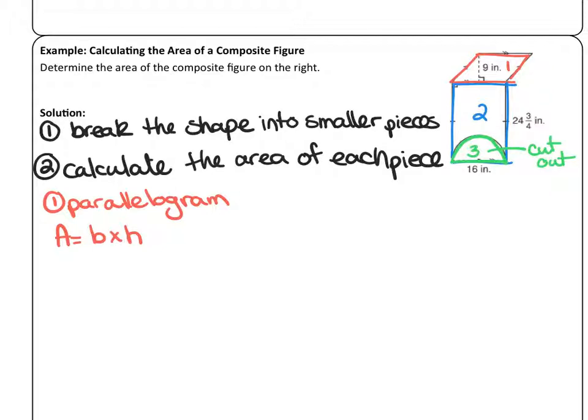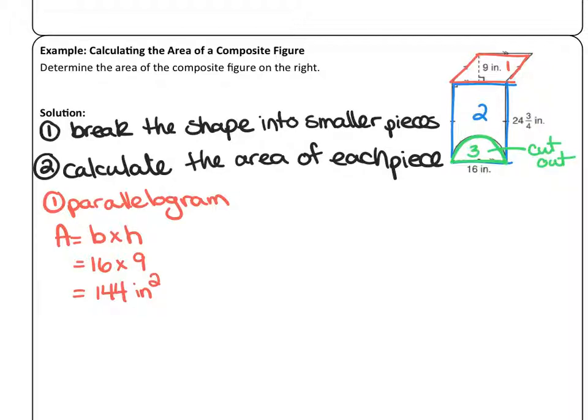From the diagram, I see that the base is 16, and they've given us the height of 9. It's both inches. So the area of the parallelogram is just 16 times 9, which gives us 144. Do not forget the units, which for us is inches squared.